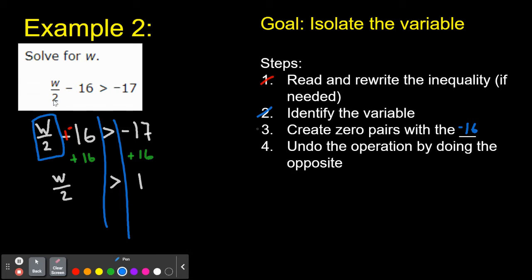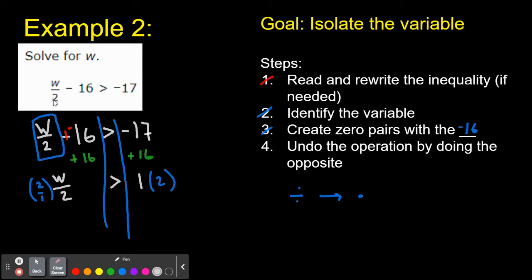In order to undo this operation of division, we're going to use multiplication. So I'm going to multiply both sides by 2.